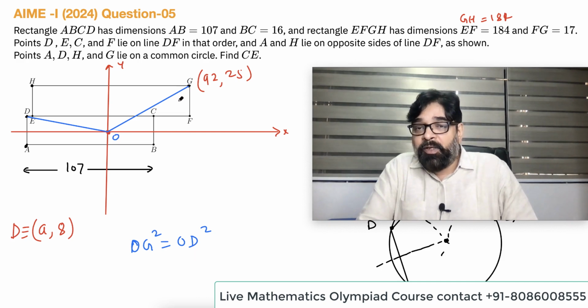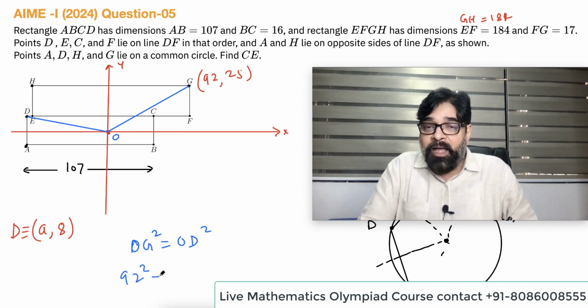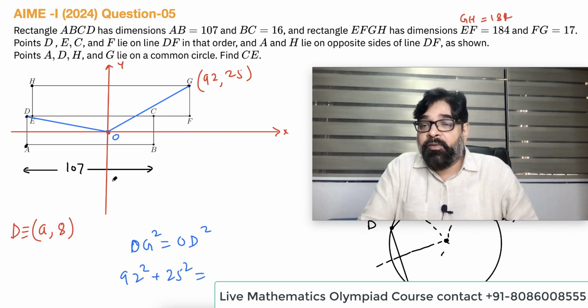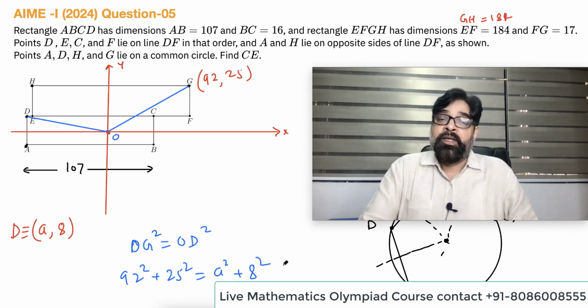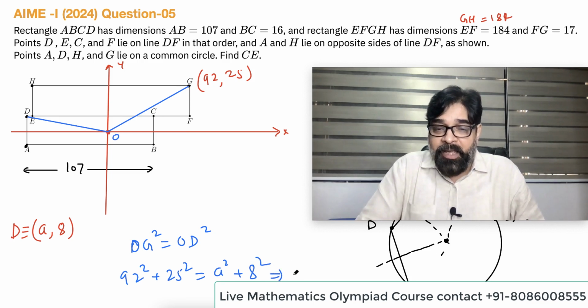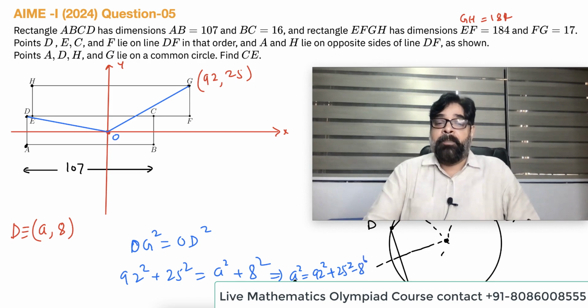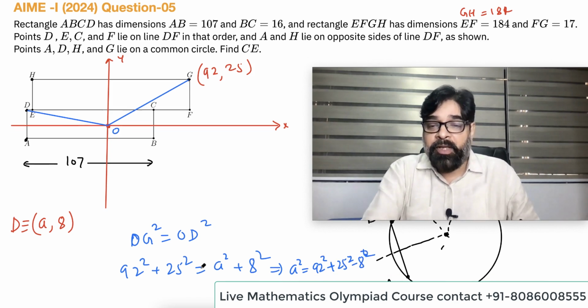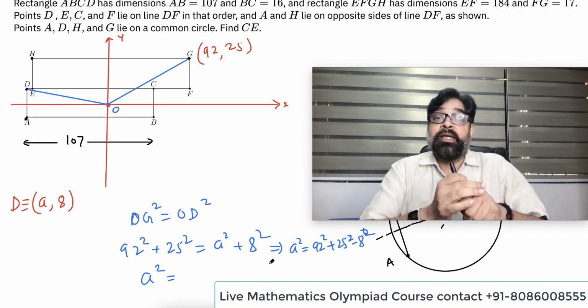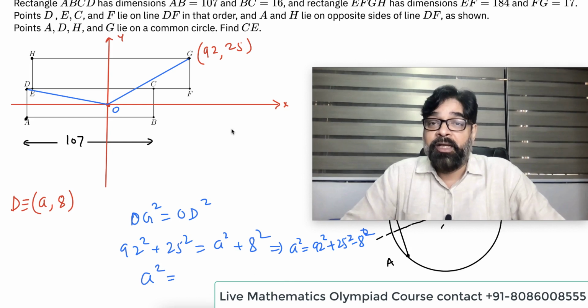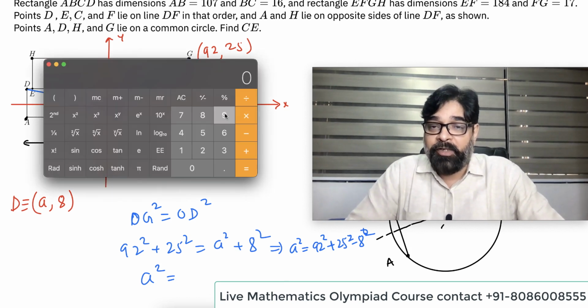OG square will be 92 square plus 25 square, equal to a square plus 8 square. So from here a will come. a square equals 92 square plus 25 square minus 8 square. That's all. I am trying to calculate the a square value. I will use a calculator, but be clear, you have to do the calculation. My counting is very slow, so I will use a calculator.